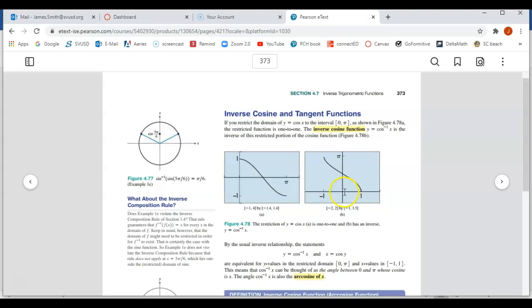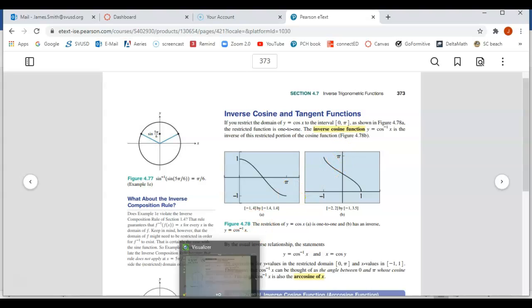So now my domain for the inverse function is between -1 and +1, just like it was for sine. But my range, my output, is from 0 to pi, like I just showed you on the unit circle, right? So when I do an inverse, I am putting in a value between -1 and 1, and my output is going to be an angle from 0 to pi.